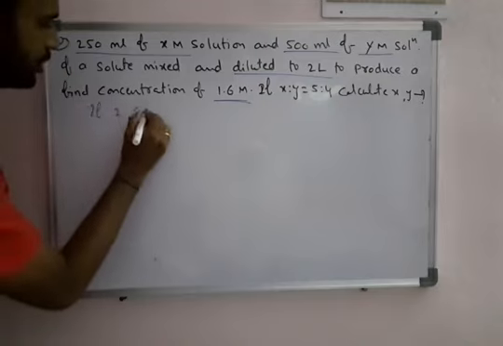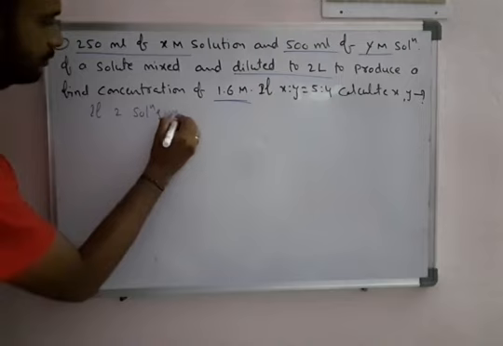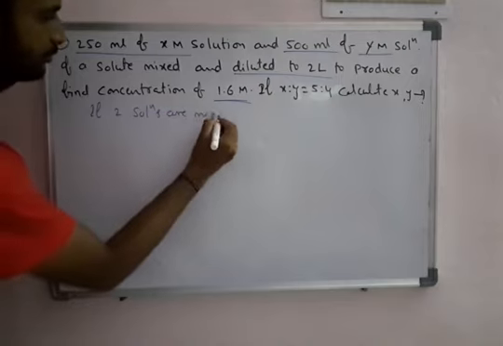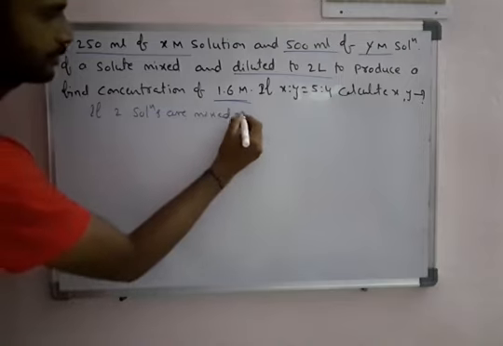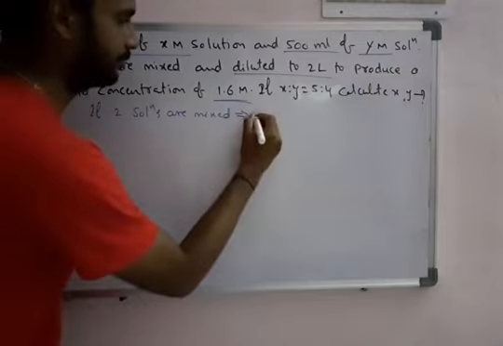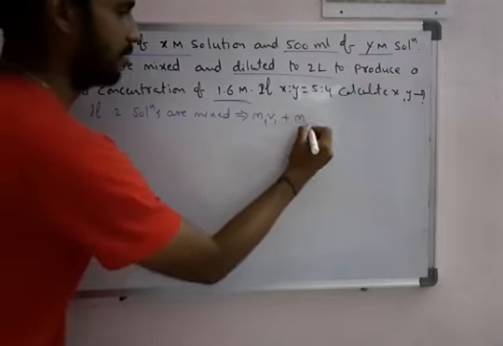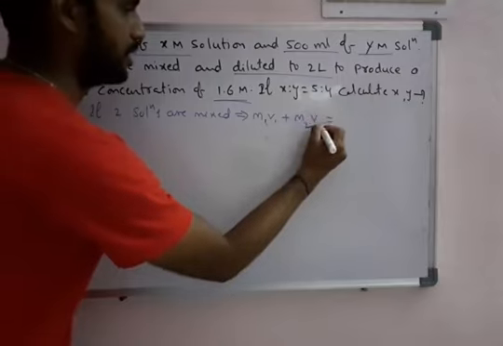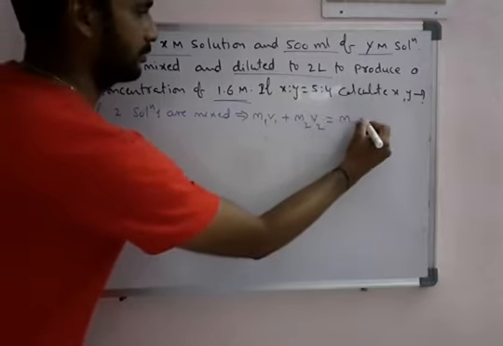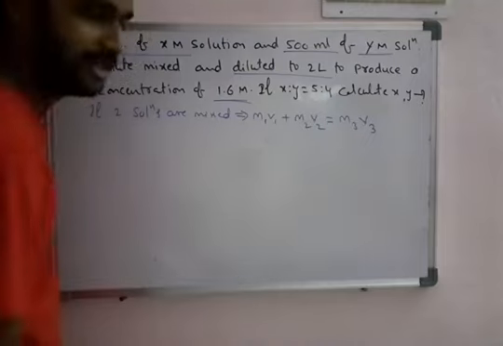if two solutions are mixed, we can write the formula M1 V1 plus M2 V2 is equal to M3 V3.